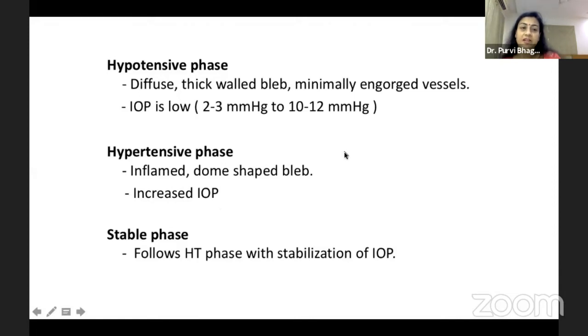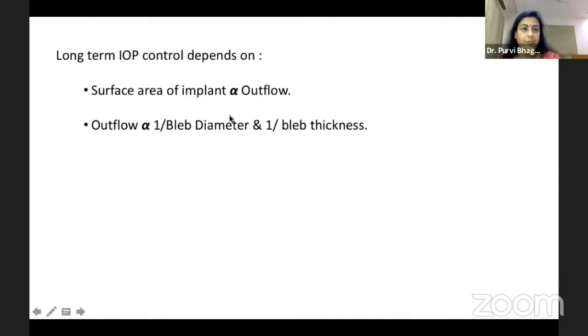But whatever the drainage device used and whatever the initial phase seen, ultimately, as I said, at the end of 6 to 7 months there is a stable phase with stabilization of the intraocular pressure. This stabilization may not necessarily be a low IOP or your target IOP, but ultimately it settles down. So the long-term IOP control finally depends on, of course, the surface of the implant.